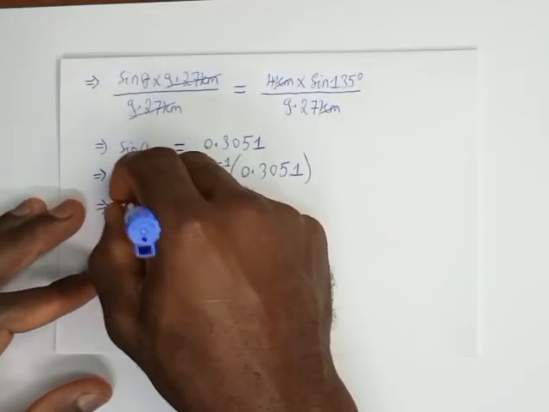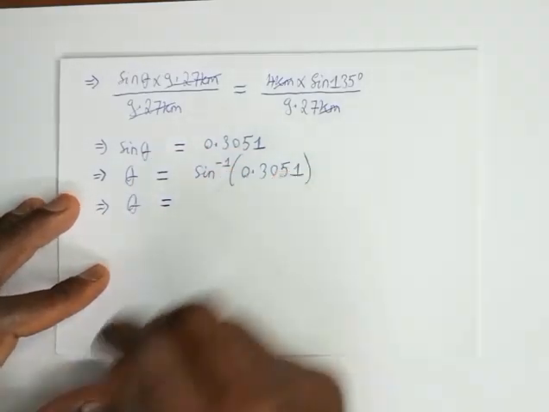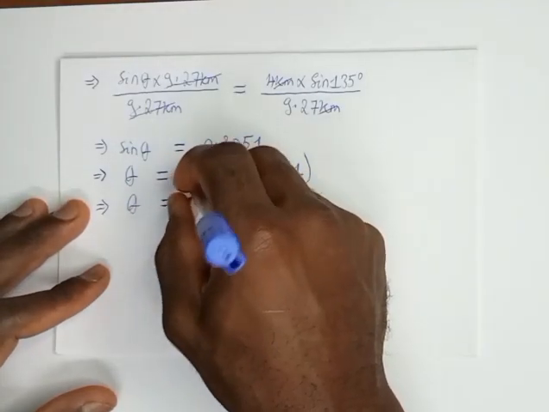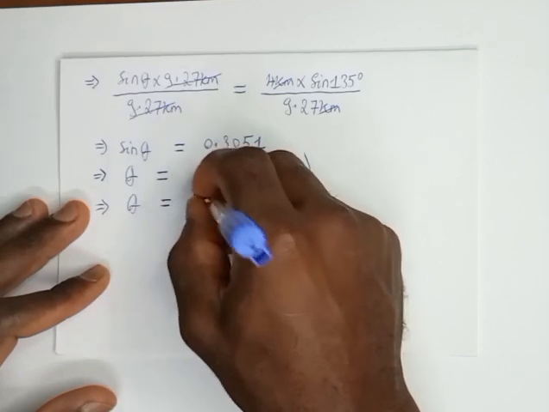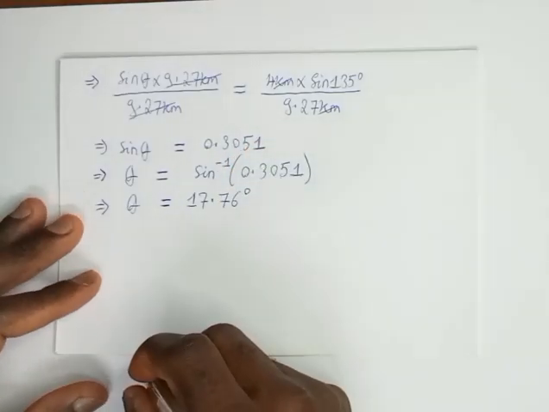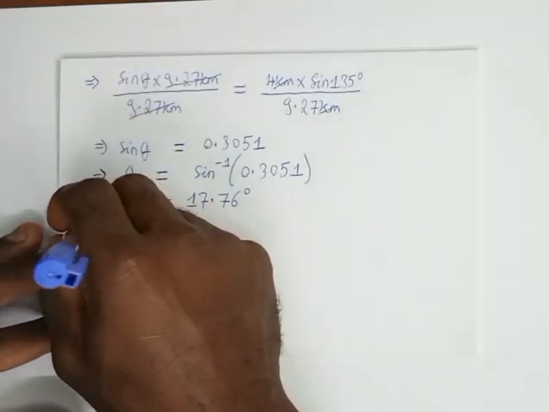Then the angle theta will simply be equal to the sine inverse of this value, to 2 decimal places, gives us 17.76 degrees. Now let's write down the direction of the man.